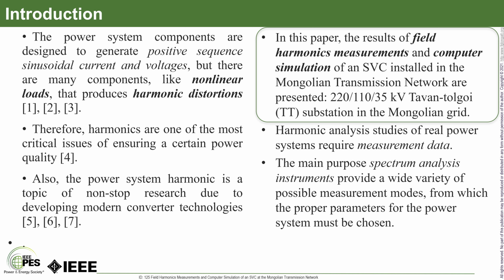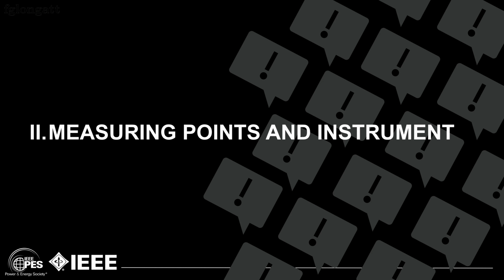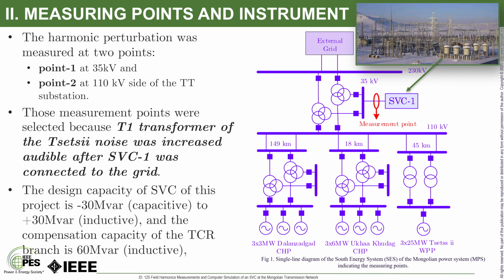Let's start by showing you the specific location of the measurement points and the instruments used here. As you can see in this slide, on the right-hand side, there is a single line diagram. You can see the external grid, and from there a bus bar at 230 kV, and over there the very important 3-level voltage substation, with the 230 kV high voltage side, 110 kV the low voltage side, and the tertiary of this 3-winding power transformer at 35 kV.